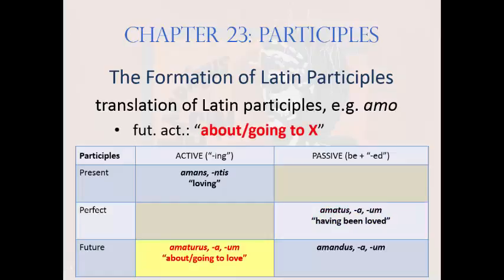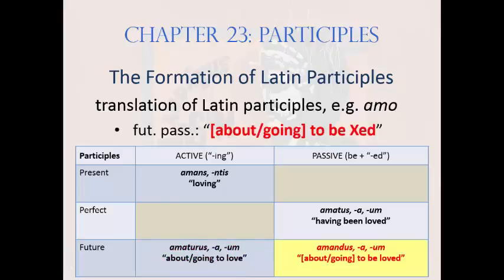The same goes for turning amaturus, a, um into about to or going to love, the English periphrastic construction which is required, remember that, in the absence of willing love. And finally, the hardest of all participles to transform into simple English, the future passive, about to or going to be loved, which is how we'll render it for now. The next chapter will discuss one of its major uses.